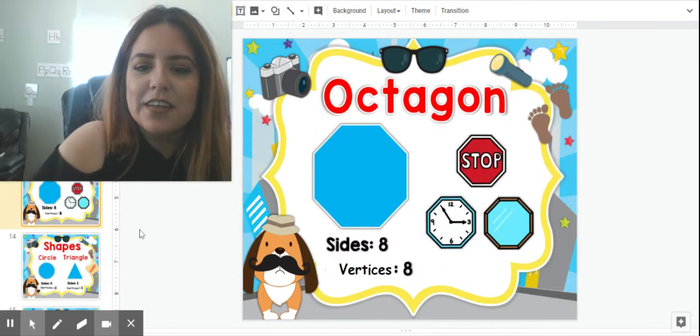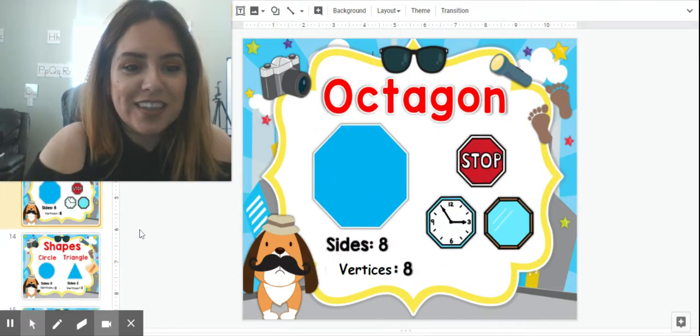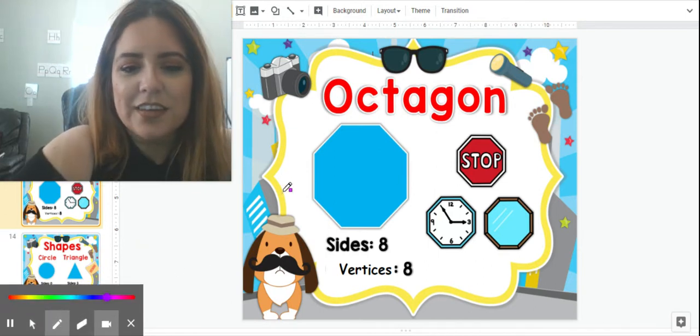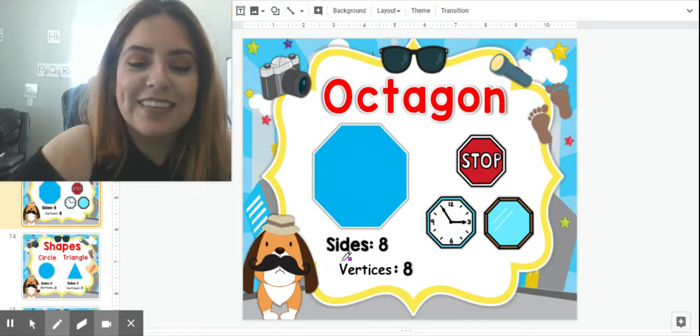And finally, we have our octagon. Octagon. An octagon has 8 sides and 8 vertices.